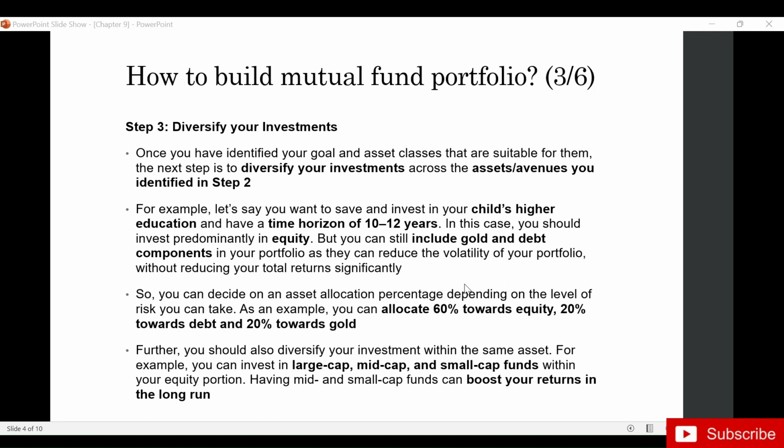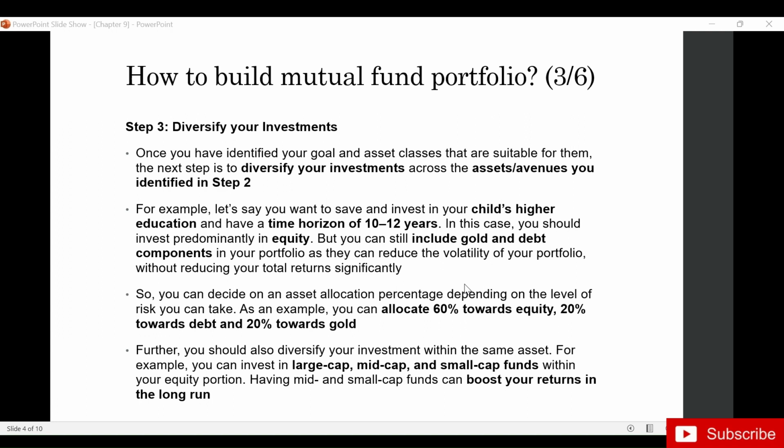In this case, a major proportion of your investment should be in equity, but you can also try and include some gold and debt components in your portfolio because what they will do is hedge your portfolio. That means they will reduce the risk in your portfolio without reducing your total returns significantly.